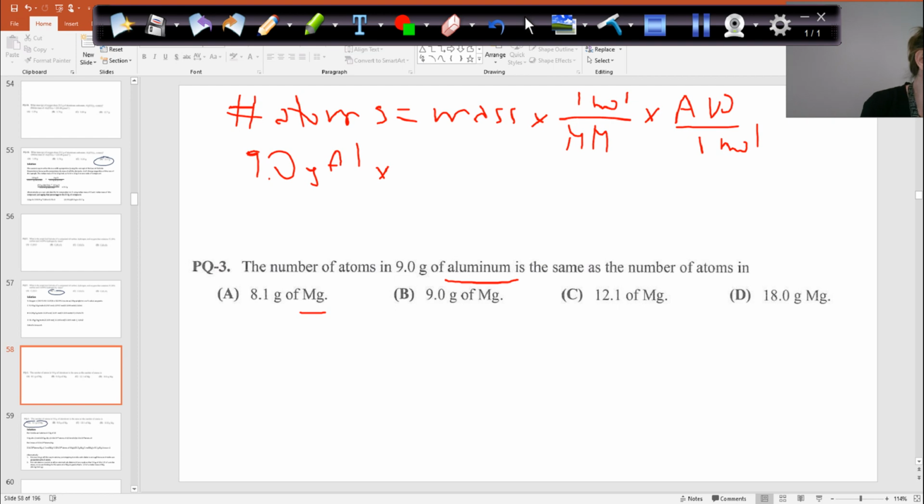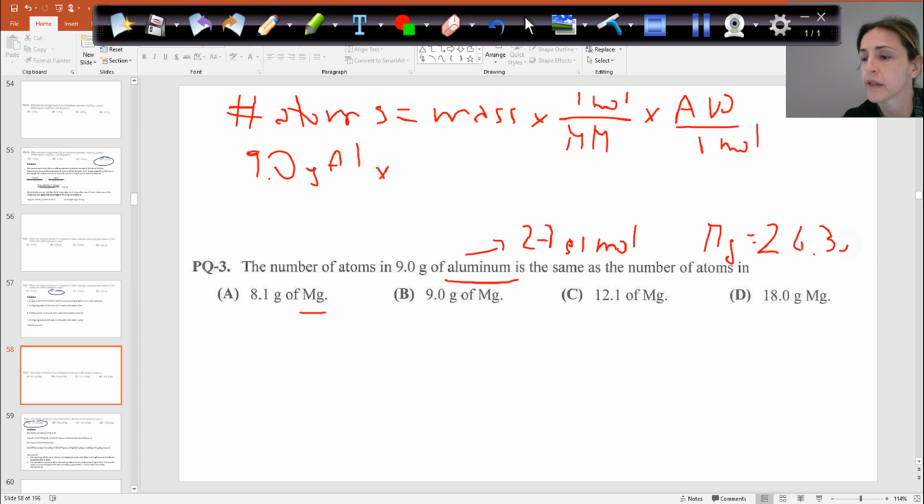So the molar mass of aluminum from the periodic table is roughly 27 grams per mole. And for magnesium, the molar mass is 24-ish, 24.3 grams per mole.